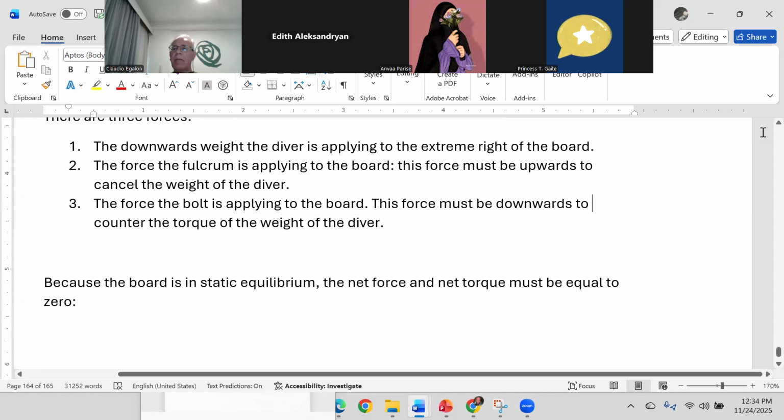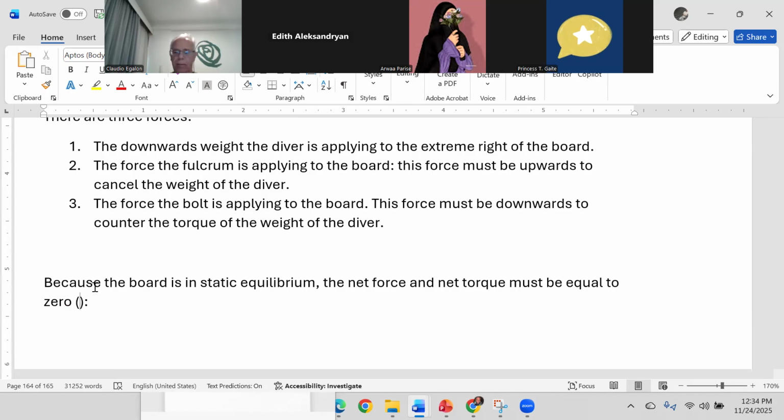Okay? That's the condition for equilibrium. Note that this condition parallels Newton's first law.